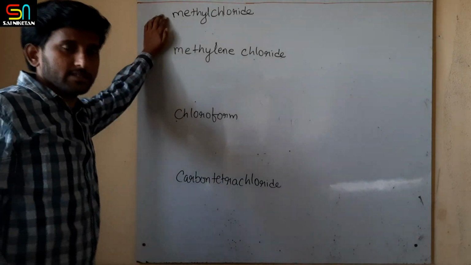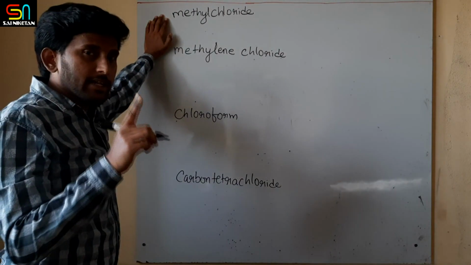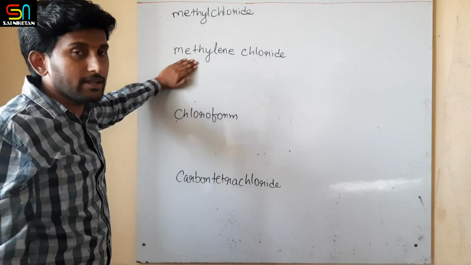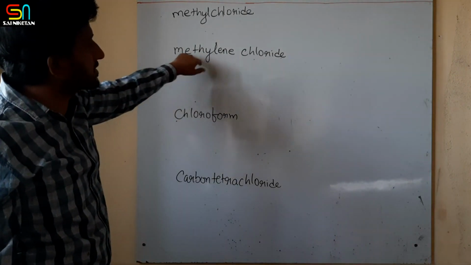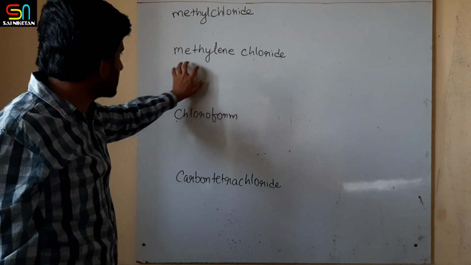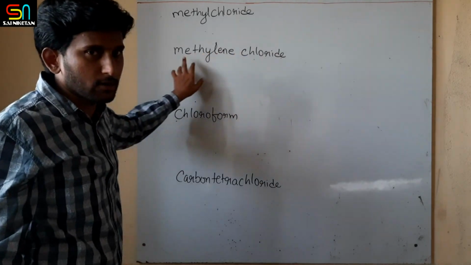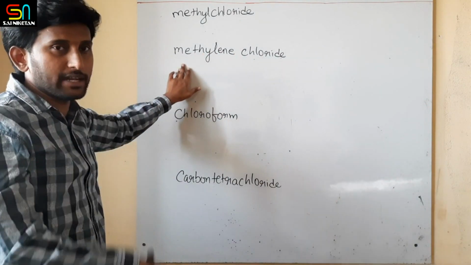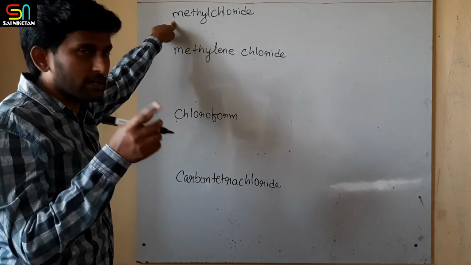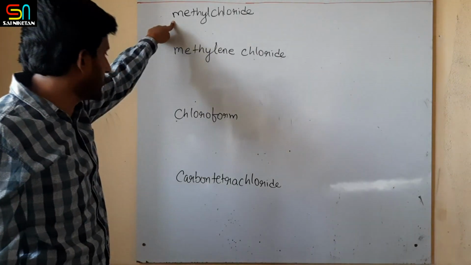Methyl chloride contains only one chlorine, but methylene chloride is an alkylene halide, so it basically contains two halogen atoms. Alkylene chloride means methane with two chlorine atoms. Methyl chloride means a methane group where one hydrogen is replaced with one chlorine atom.